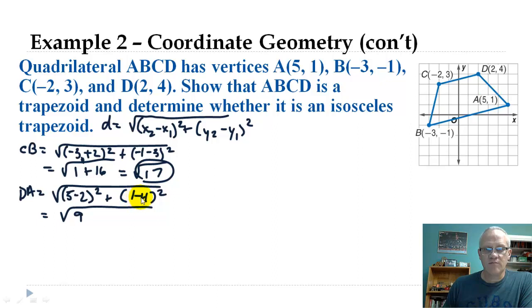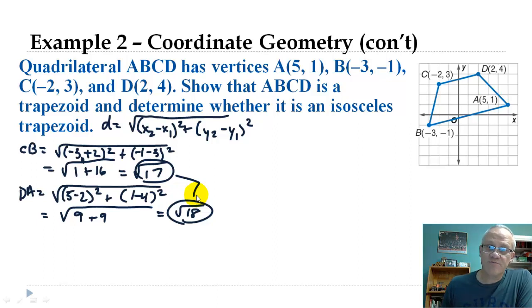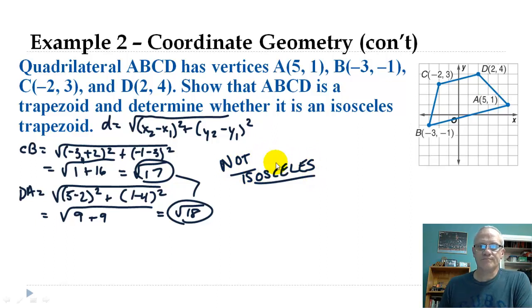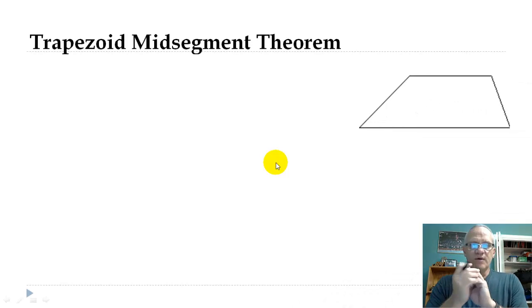And 1 minus 4 is negative 3 squared is 9 again. And so it looks like we have 9 plus 9, which is the square root of 18. Those are different. They're very close, but those are different. And so what we would have to say here is this is not isosceles. Okay, got a feel for that? All right, good. Moving on.